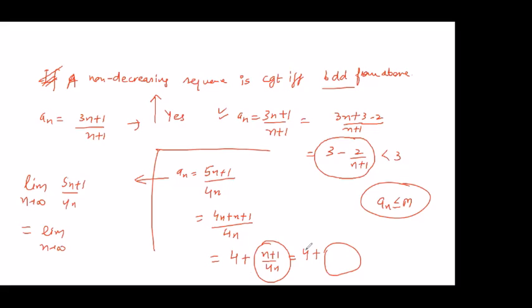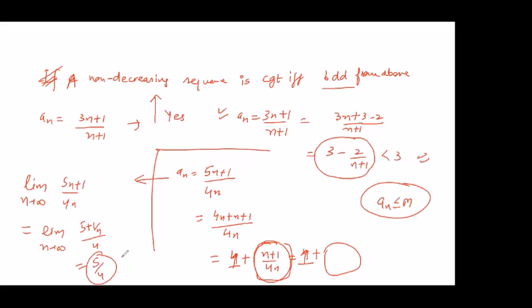Okay, thank you for the correction. Yes, this is 1 plus something, but I cannot have this kind of implication. So the answer of this limit is 5 by 4. All of you can solve that, it is easy. If I divide by n, the numerator is 5 plus 1 by n and the denominator is 4, so this is going to be 5 by 4.